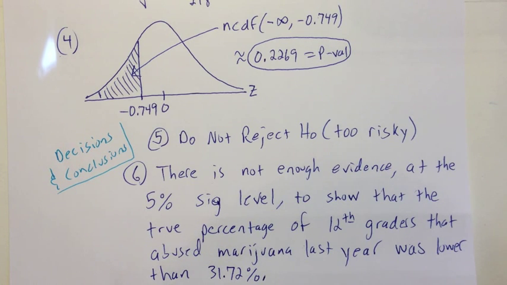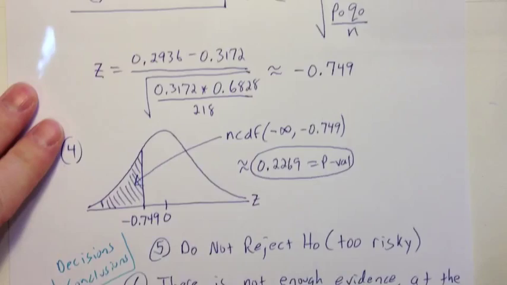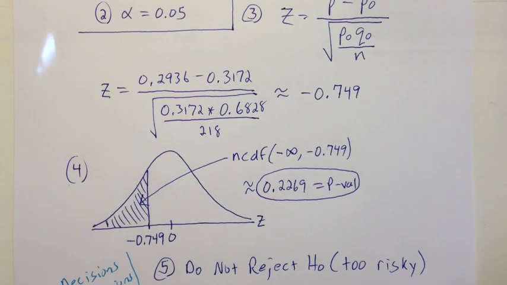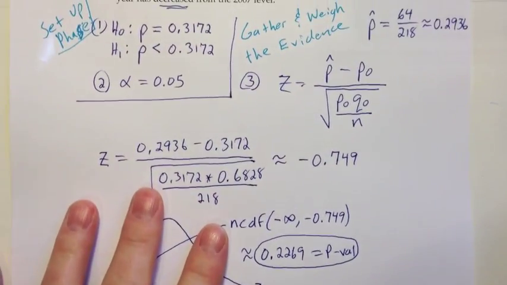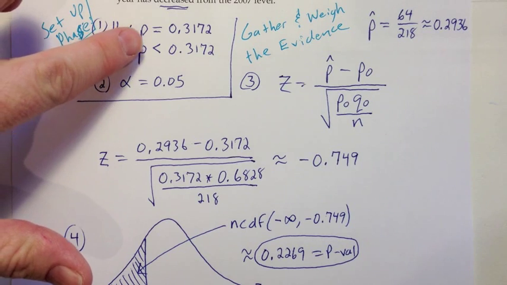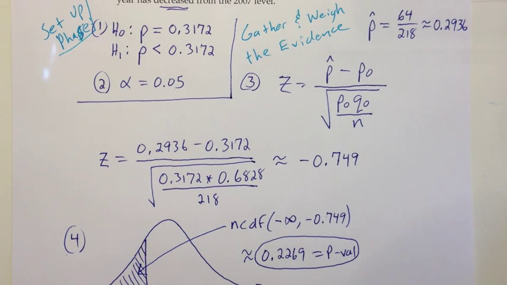So just some quick comments there. When we say that, we're not saying that we know that it's still 31.72, just like it was back in 2007. We did, after all, get some evidence that it's lower because we got a sample proportion that actually was lower. But that sample proportion was close enough to 31.72 that 31.72 remained a plausible or reasonable possibility for p.